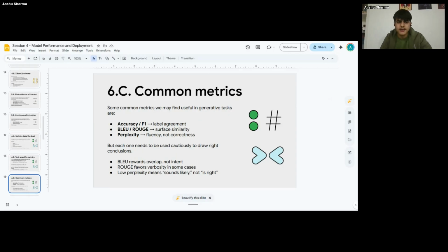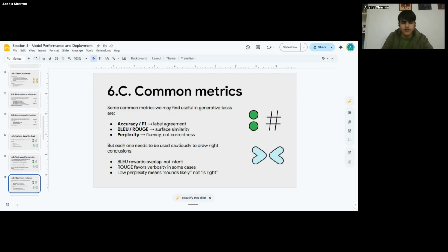Let's say I ask a model, describe an apple, and it gives me some output, right? An apple is a fruit that is red in color and whatever. And I have prepared my own answer for that, which I take as the gold standard, that this is what the output should be.